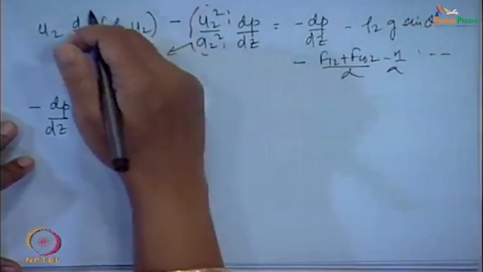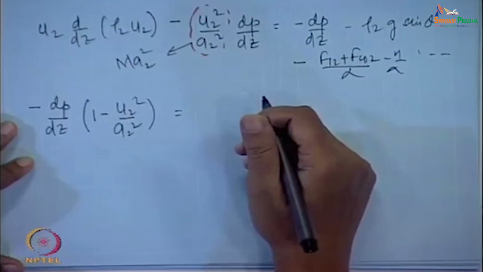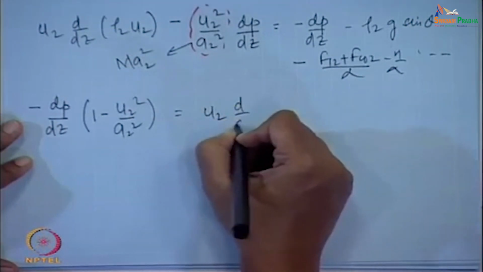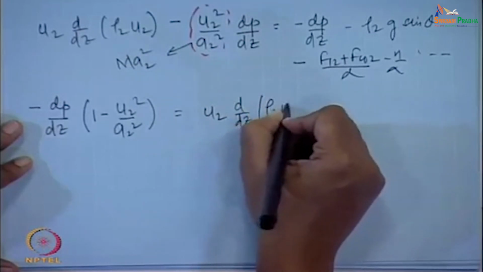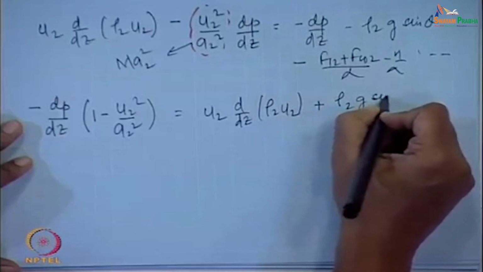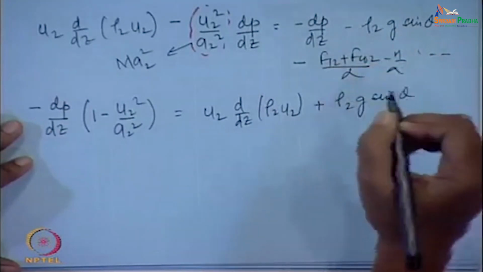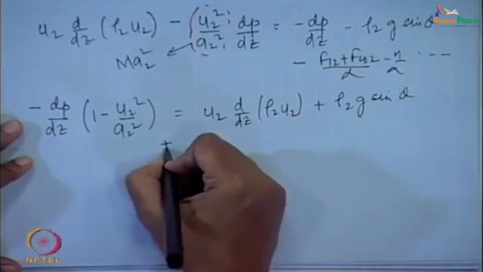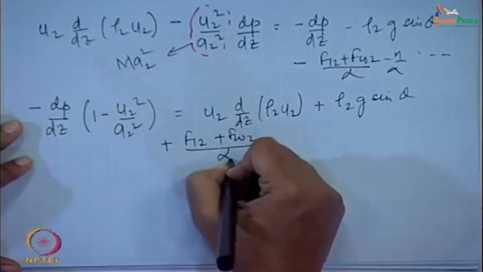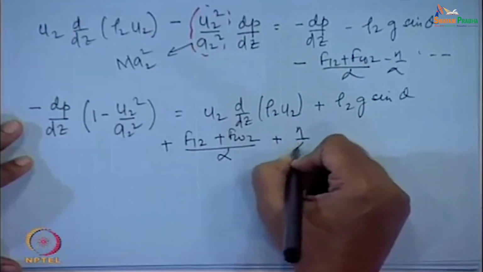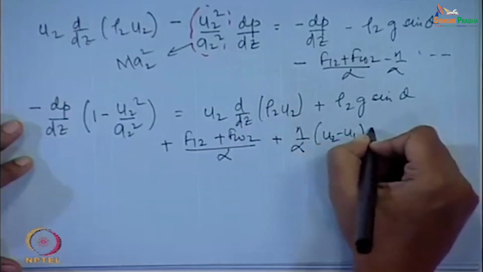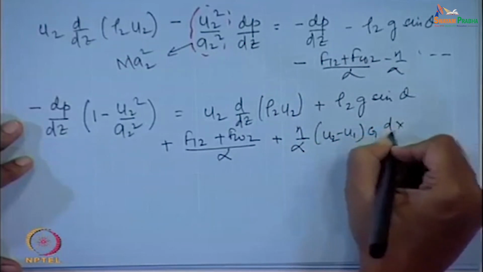I will bring all the other terms on the right hand side. So this is equal to u2 d/dz of rho2 u2 plus rho2 g sin theta, all the minuses here are going to get plus, f12 plus fw2 by alpha plus eta by alpha u2 minus u1 g dx/dz.